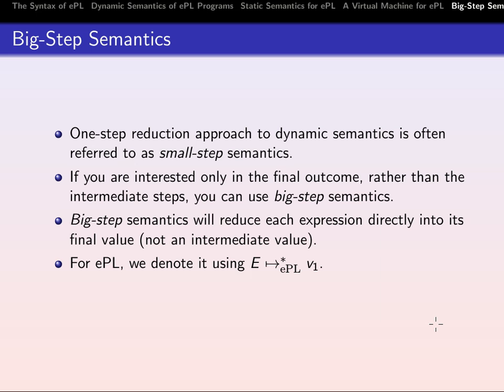Whereas small step semantics, which is what the dynamic semantics is also called, looks at small components and the way they combine together. Typically they lead to the same thing, but in different ways, and they expose different aspects of the processing. For instance, the big step semantics is a lot more useful for programming languages and program analysis. The small step semantics is the one that is useful for writing an interpreter.